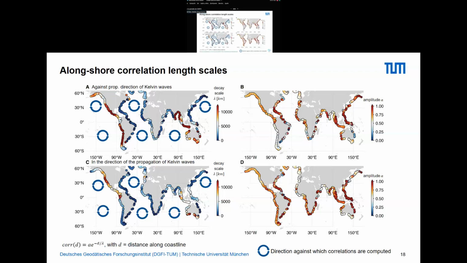But if you look in the other direction, in the same direction as the propagation direction of Kelvin waves, you see in some areas like the Eastern Indian Ocean or the Eastern Pacific much decreased alongshore correlation length scales. So that's for us an indication that processes like coastally trapped waves might influence such patterns.